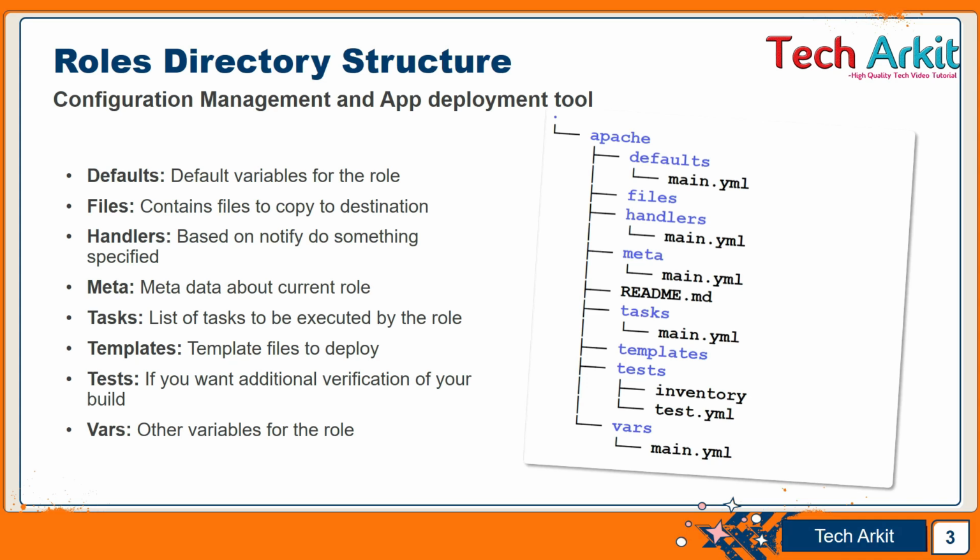Then metadata about the current role: you write the details about this playbook, what it does, which Ansible version it works with, who is the author, and so on. And tasks: this is the main task list where you write all the tasks in the tasks directory in main.yml, or you can also create new YAML files and call those YAML files in main.yml. That way the tasks can also be executed.